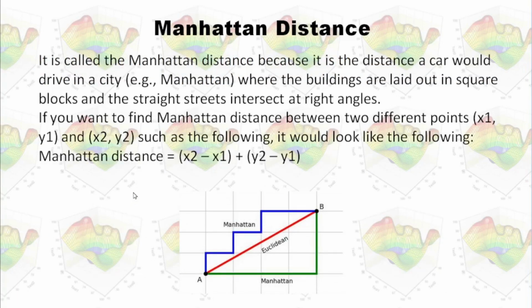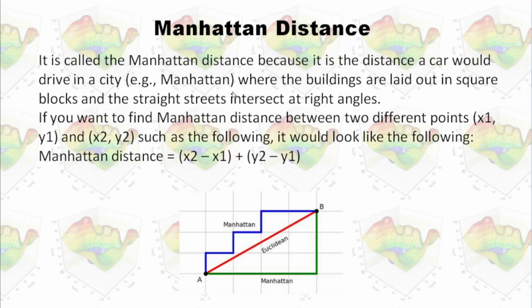Another distance metric is called Manhattan distance. It is called the Manhattan distance because it is the distance a car would drive in a city, for example, Manhattan.